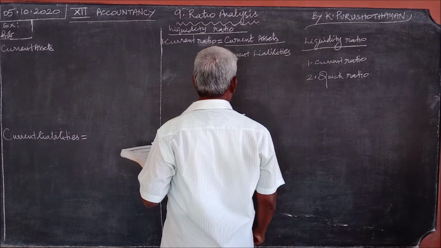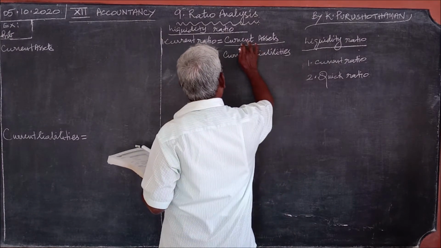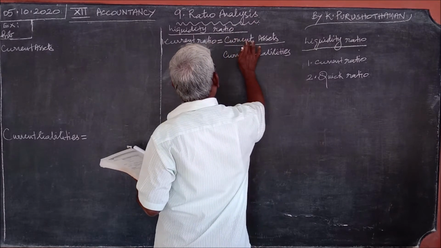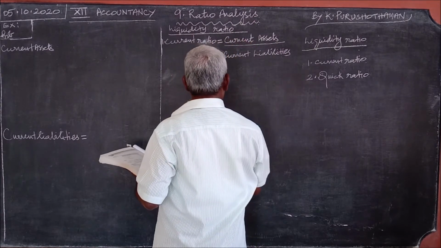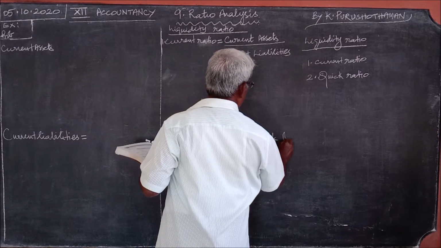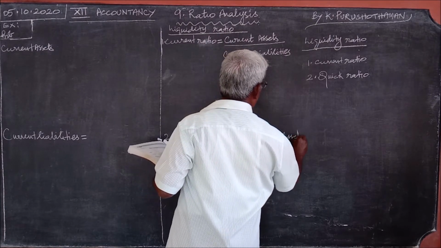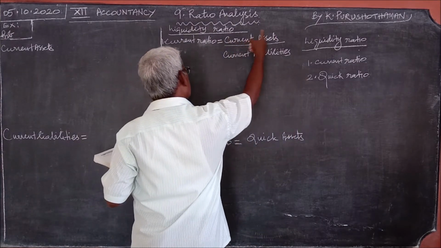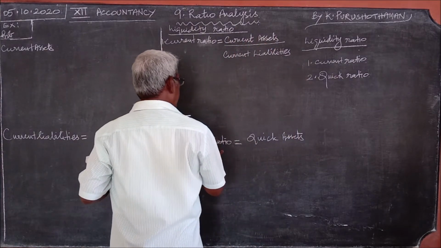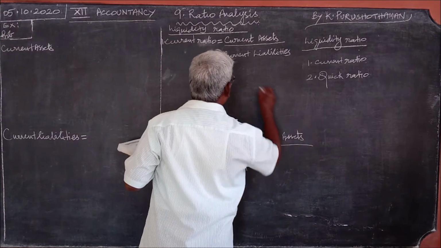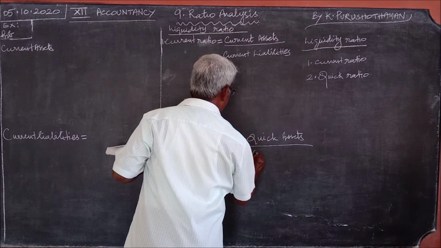Quick ratio is equal to, only this numerator will change. For current ratio, current assets. For quick ratio, quick assets. You can remember the formula easily. For current ratio, the numerator is current assets. For quick ratio, the numerator is quick assets divided by the same current liabilities.